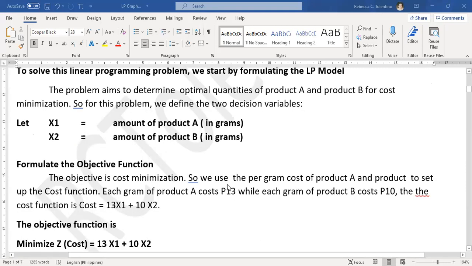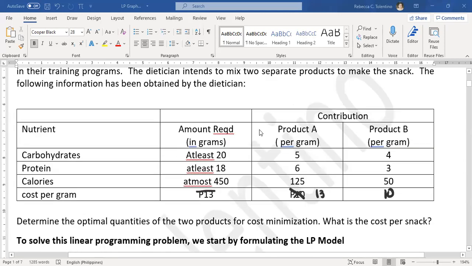Now, since all the details about x of 1 and x of 2 are already presented in this table, we don't need to perform this task because it has been done for us. So all the information about product A and product B are in the table. All we need to do is to formulate the objective function and constraints.